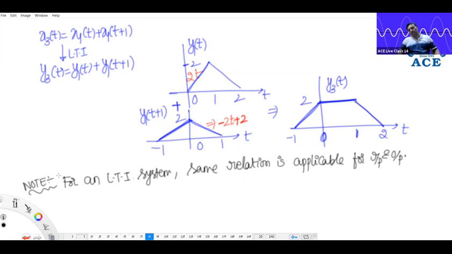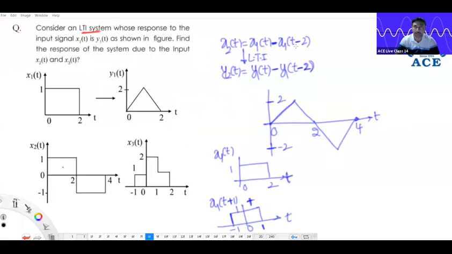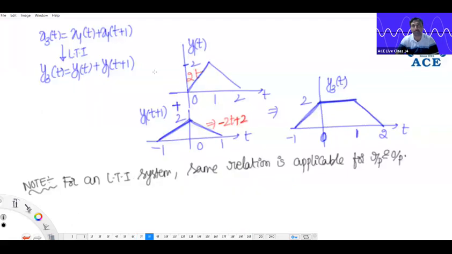From now onwards, at least 20 times I will ask you this question, which is a very simple concept, sir. In the previous slide, input signals are added, shifted, means the output signal is also added, shifted. This slide also is the same thing. For an LTI system, whatever happens to input, the same thing happens to output.